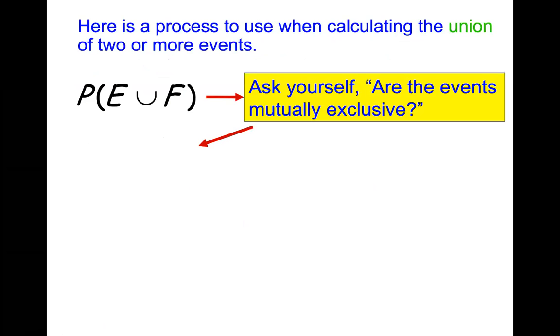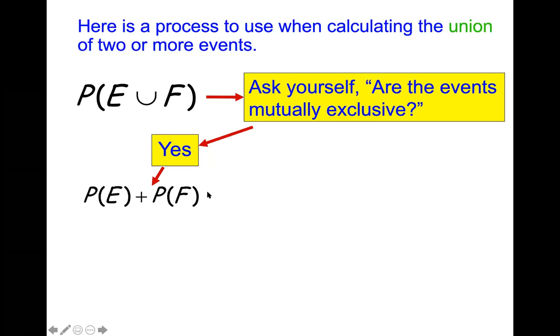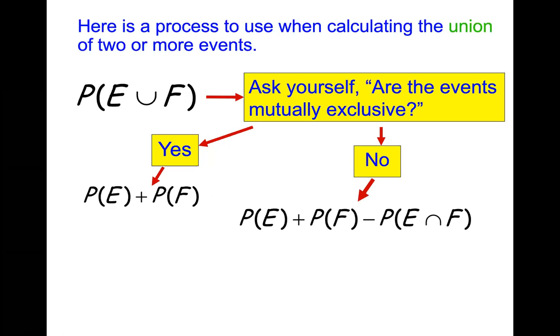If the answer is yes, and there's no intersection, you can just do the probability of E plus the probability of F. This was like our Toyota, Nissan, and Honda example from before. We had disjoint, mutually exclusive events, so you can just add the probabilities. If the answer is no, then you need to subtract out the intersection since it exists.